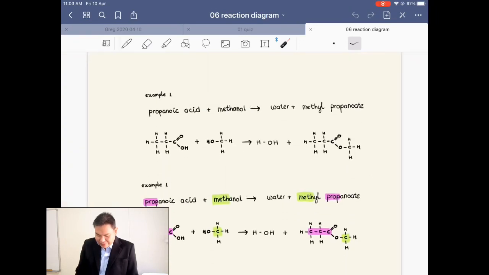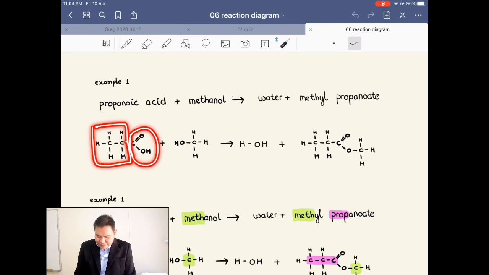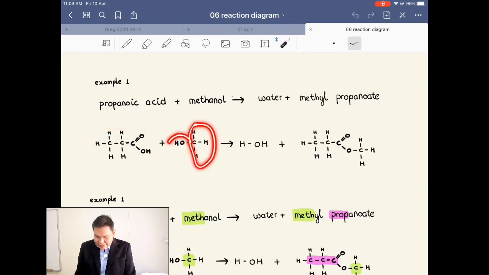We use example 1. Propanoic acid plus methanol. Propanoic acid, C2H5COOH. Methanol is CH3OH. And the OH here will react with the H there to form H2O.